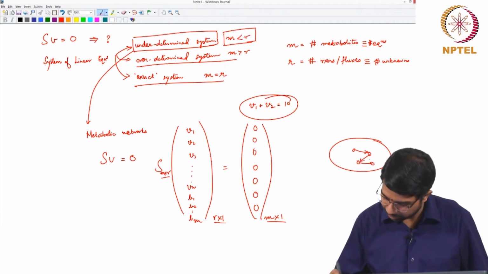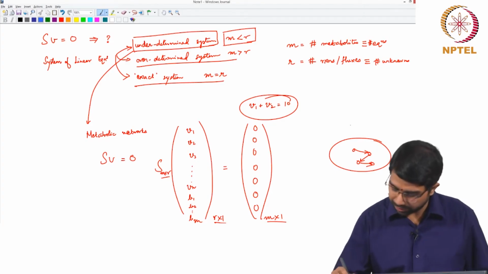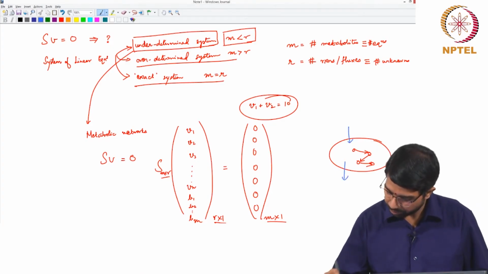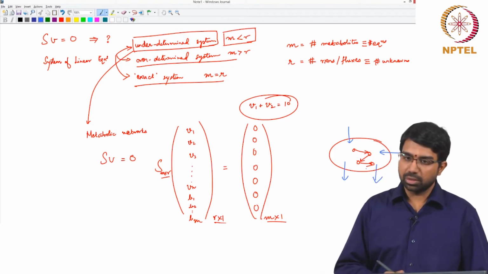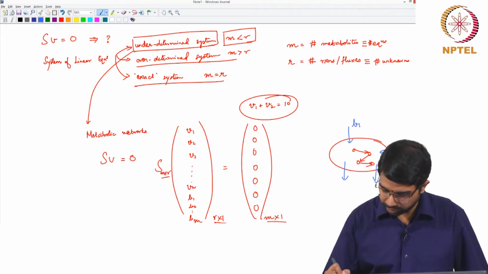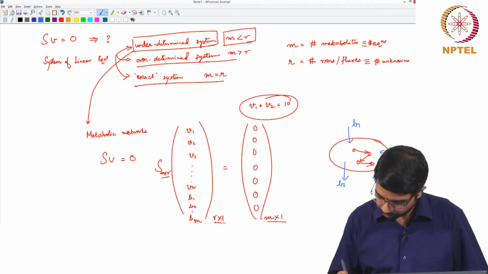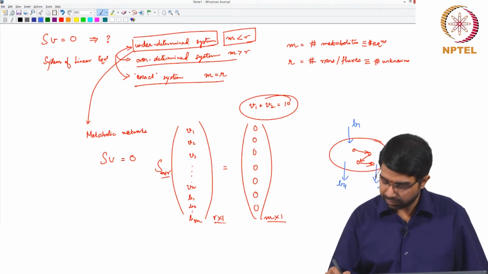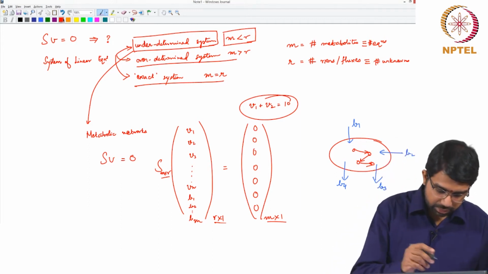These are different metabolites and you can think of all these as internal fluxes, and then you can also have some nutrients coming in, things being secreted outside by the cell, important products and so on. So, these are what we call the exchange fluxes and these are the internal fluxes.